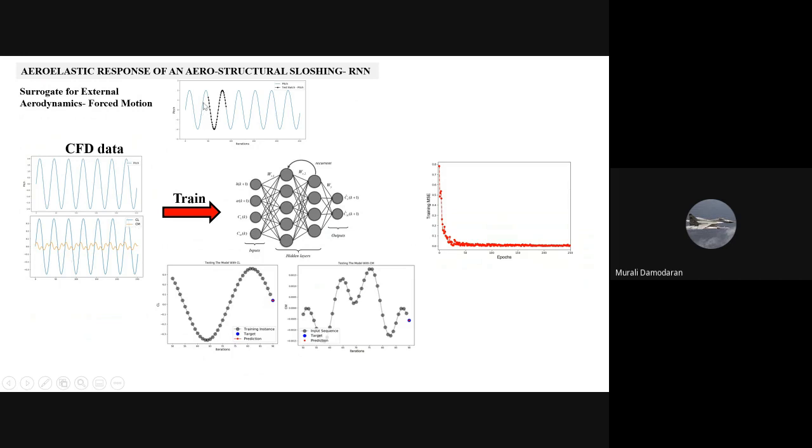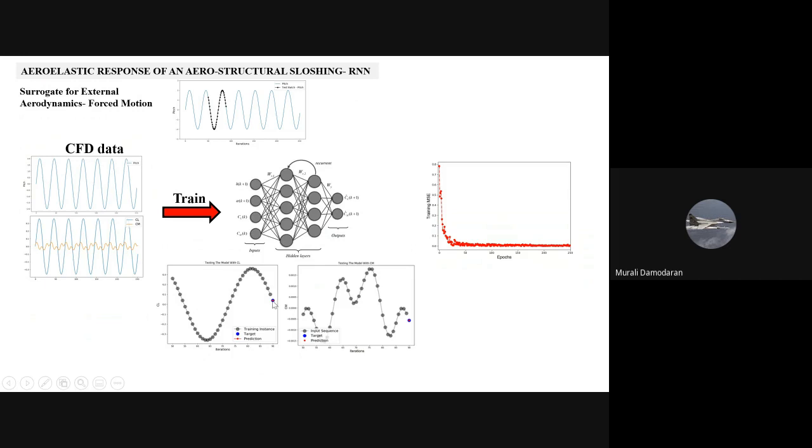So here, based on this response, I take a segment and use it to train this RNN network. And I can see whether, in the training instance, I can predict the next instant or not.